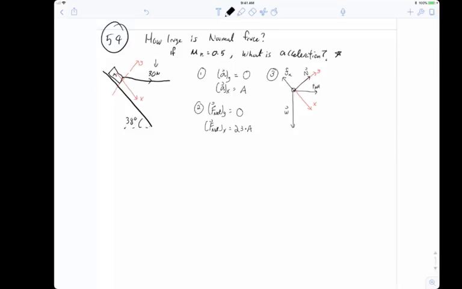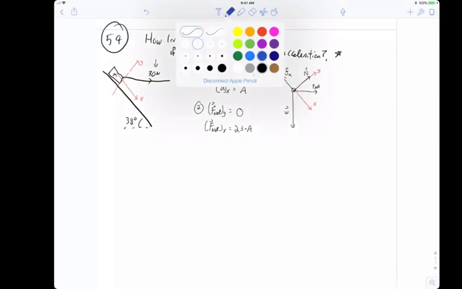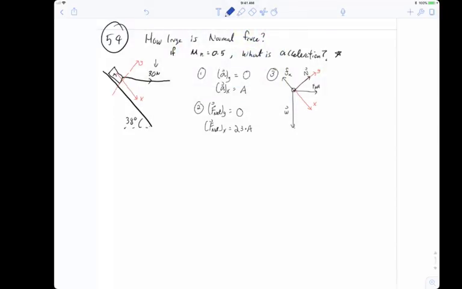So even though the pulling force is horizontal, we have to represent it as a mixed vector. Before I go too much further, it might help if I suss out what the angles are here. So this angle here is 38 degrees. And this angle here is 38 degrees.